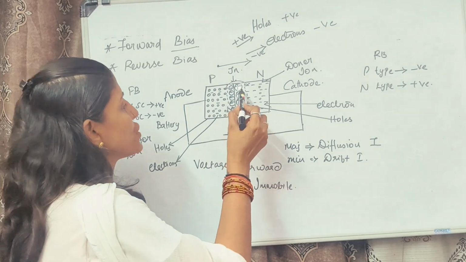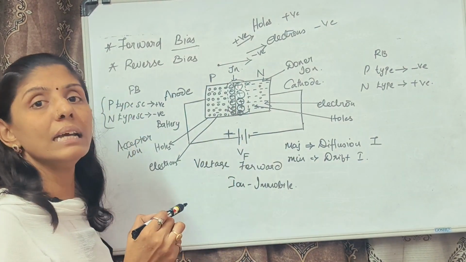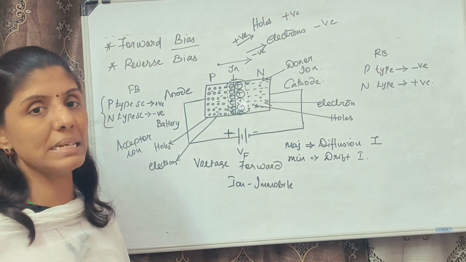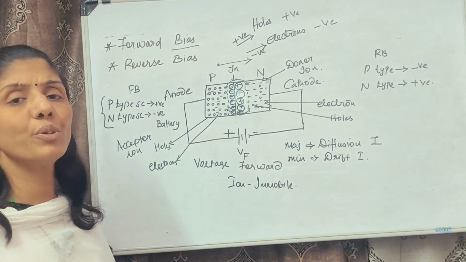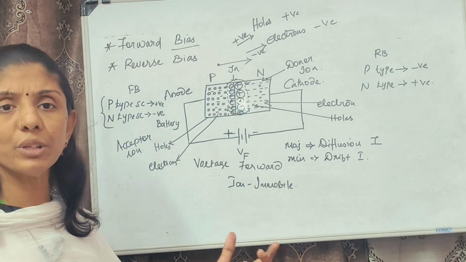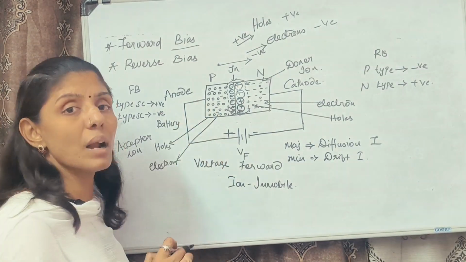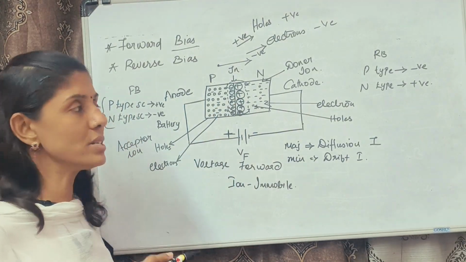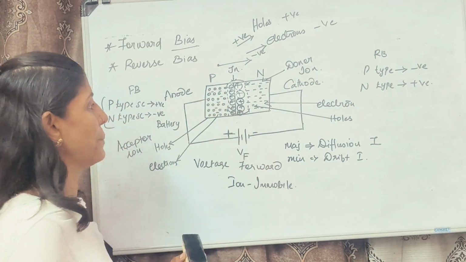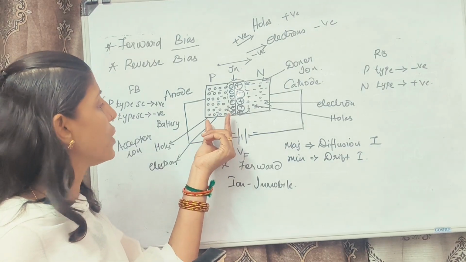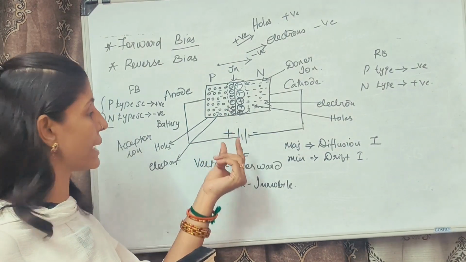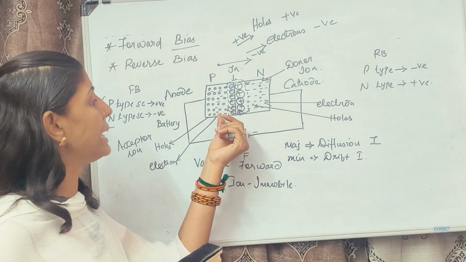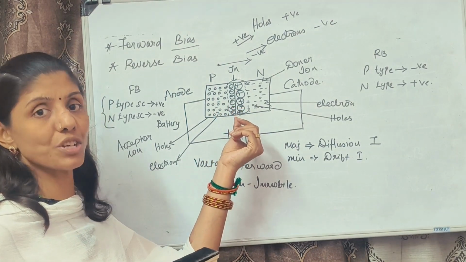Okay. So what is there in the junction? The junction has positive ions on the n type and negative ions on the p type. The holes are approaching the depletion region. What is there in the depletion region? Some ions. In the p type region, holes, the positively charged particles, are repelled by the positive voltage and try to reach the junction.